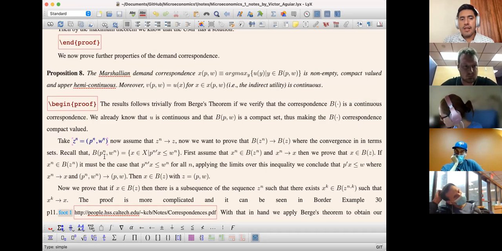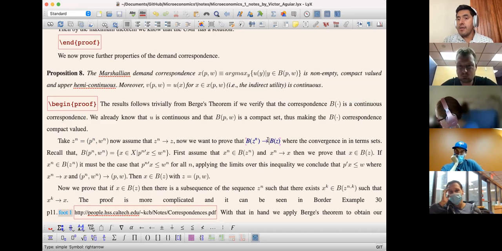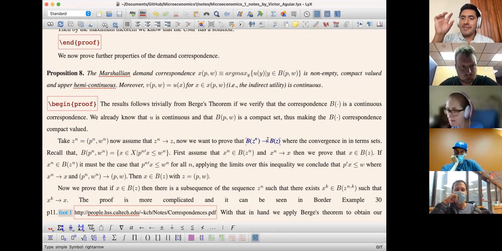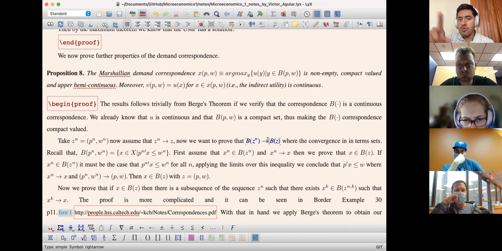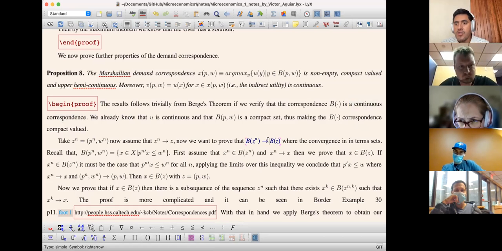Now assume Zn converges to Z. Now we want to prove that, in a set notion of convergence, the image set of the budget correspondence according to Zn converges to B, the budget set at the limit. So remember, this is convergence in terms of sets, right? It essentially means that there is a sequence of sets that in the limit converges to the target set, the B set.